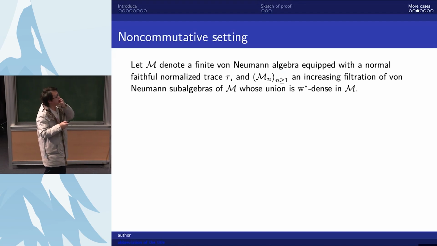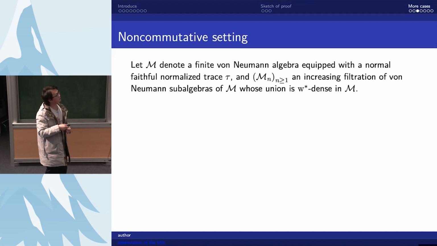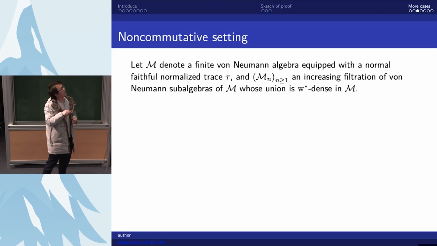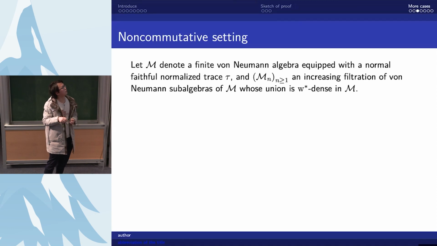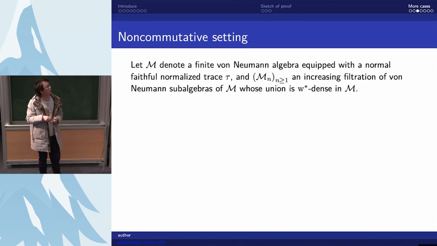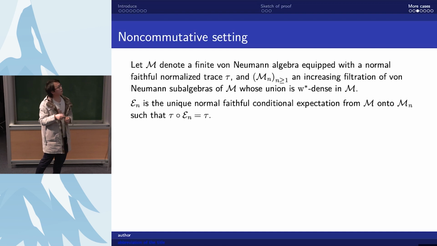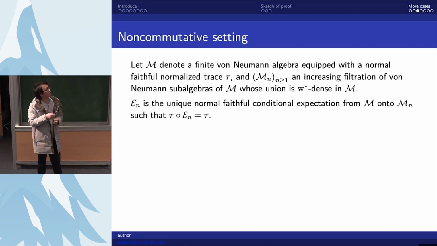Let M denote a finite von Neumann algebra equipped with a normal faithful normalized trace tau, and M_n an increasing filtration of von Neumann subalgebras of M, whose union is weak star dense in M. And E_n is the unique normal faithful conditional expectation from M onto M_n such that tau E_n preserves the trace.